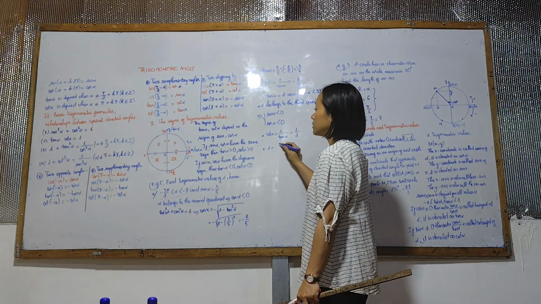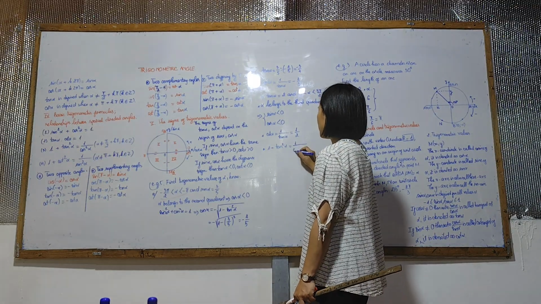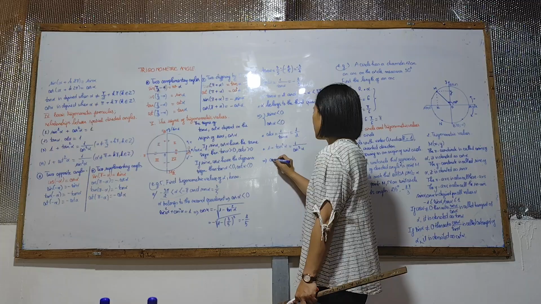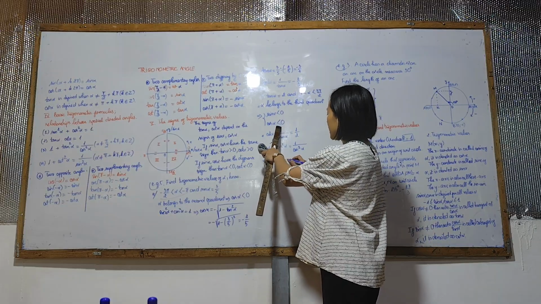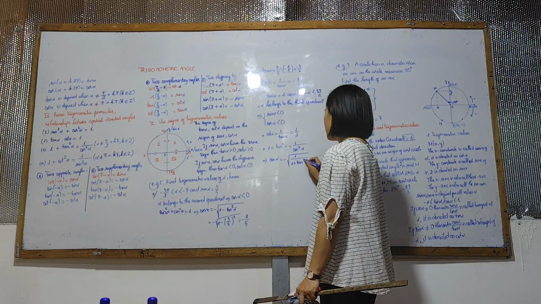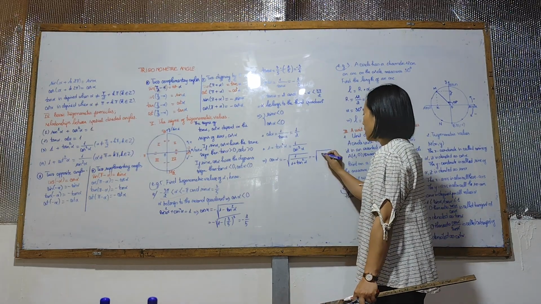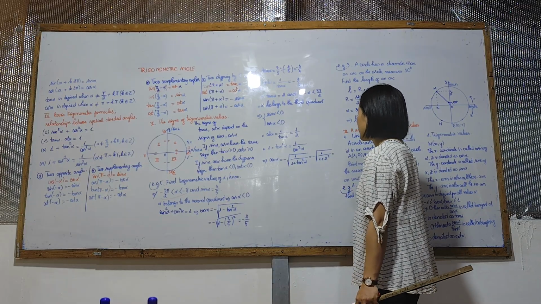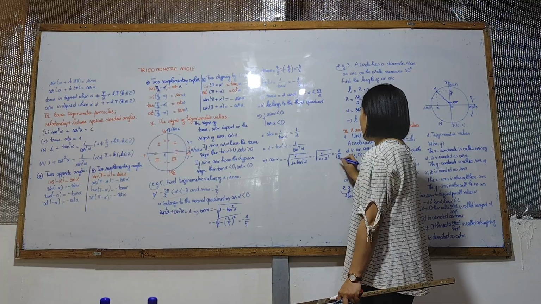We have 1 plus tangent squared alpha equals 1 over cosine squared alpha, so cosine alpha equals negative square root of 1 over 1 plus tangent squared alpha, equals negative square root of 1 over 1 plus 2 squared, and the result is negative 1 over square root of 5.